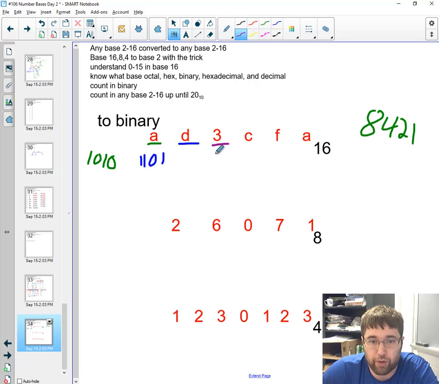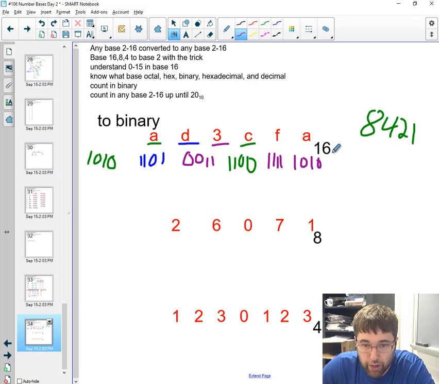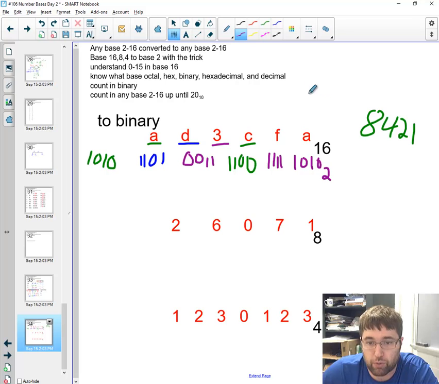E, F, yep. 3 is going to be 0, 0, 1, 1. C is going to be 1 less than D, so that's 1, 1, 0, 0. F I just know is all 1s, and A we already repeated, 1, 0, 1, 0. So now that's my binary number, so I have to put base 2. If you don't put that base 2, the whole thing's wrong.